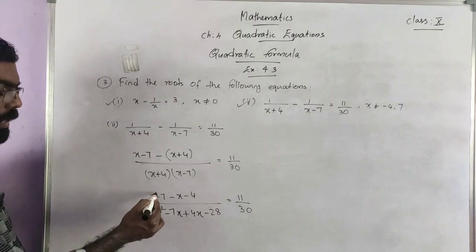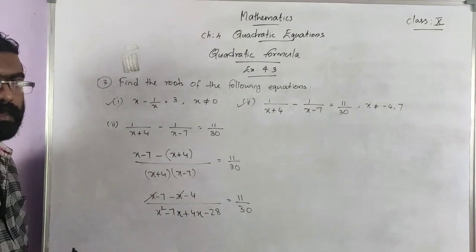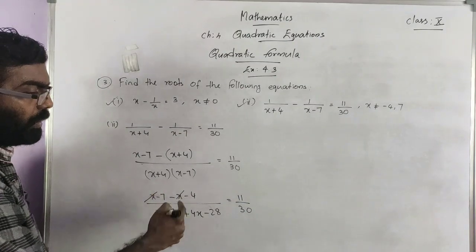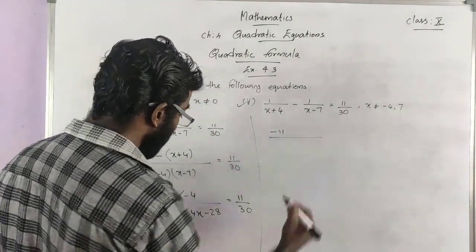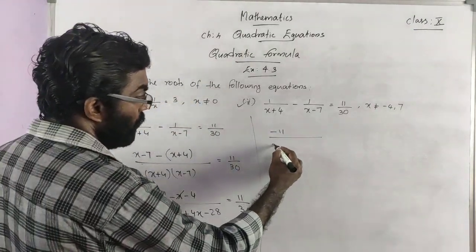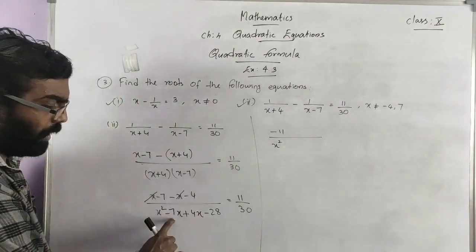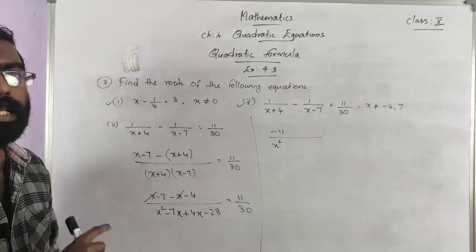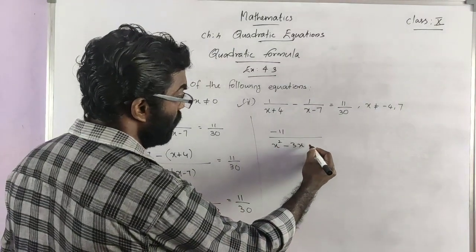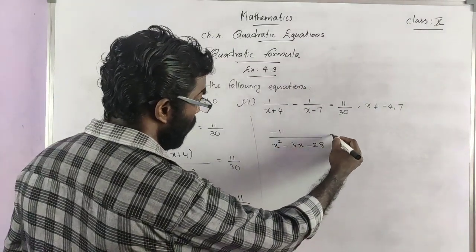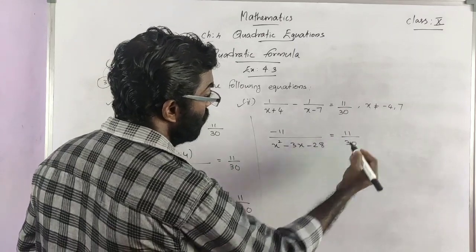In the numerator we can cancel plus x and minus x. Minus 7 minus 4 is minus 11. So minus 11 divided by, in the denominator, x square minus 7x plus 4x. Minus 7 plus 4 is minus 3. So minus 3x minus 28 is equal to 11 by 30.